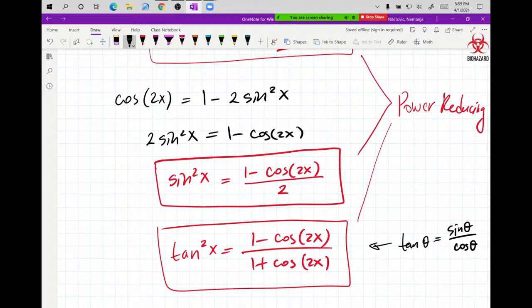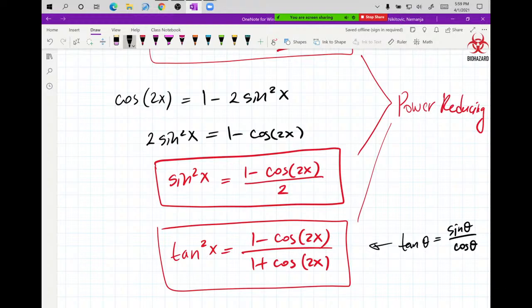That's how you get that formula. Now, power reducing for tangent is not really used too much, so you don't have to stress. I mean, sure, you're going to have problems in your homework, but later on, it's sine and cosine, the power reduction that you really need.